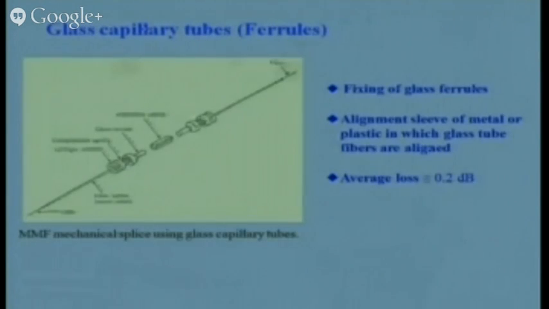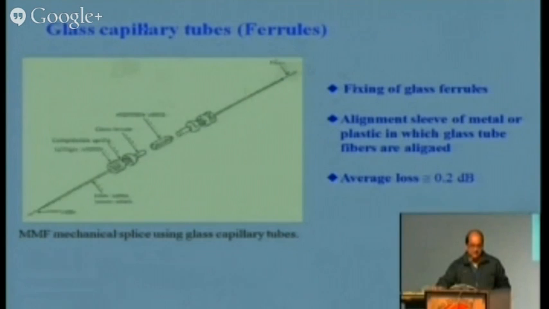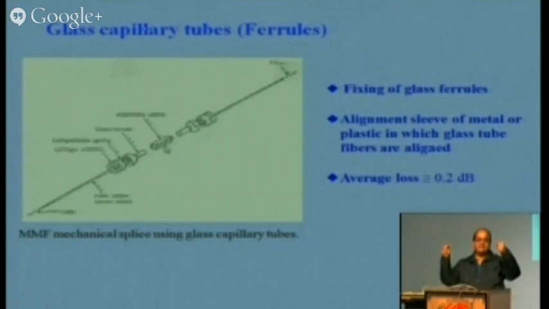Here you see, in this case you have a fiber, we put a ferrule over one fiber, and a ferrule over the other fiber. Then these two ferrules will be aligned in the alignment sleeve. This is just like a linear connector. I can put the two connectors in a linear sleeve. These two ends will come inside and will be aligned here.